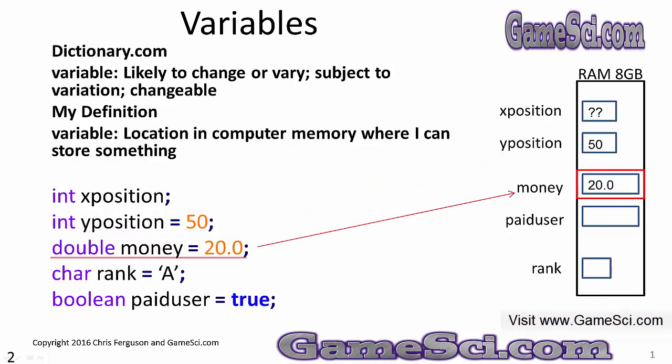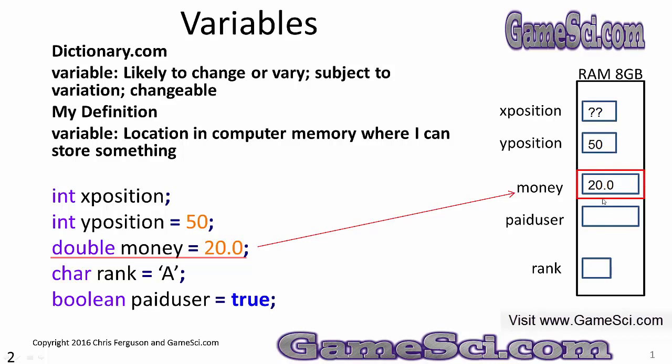Next up, let's declare a double variable named money and assign it an initial value of $20 and no cents, or 20.0. Again, we will allocate the space for the variable in RAM memory and initialize it with the initial value of 20.0.